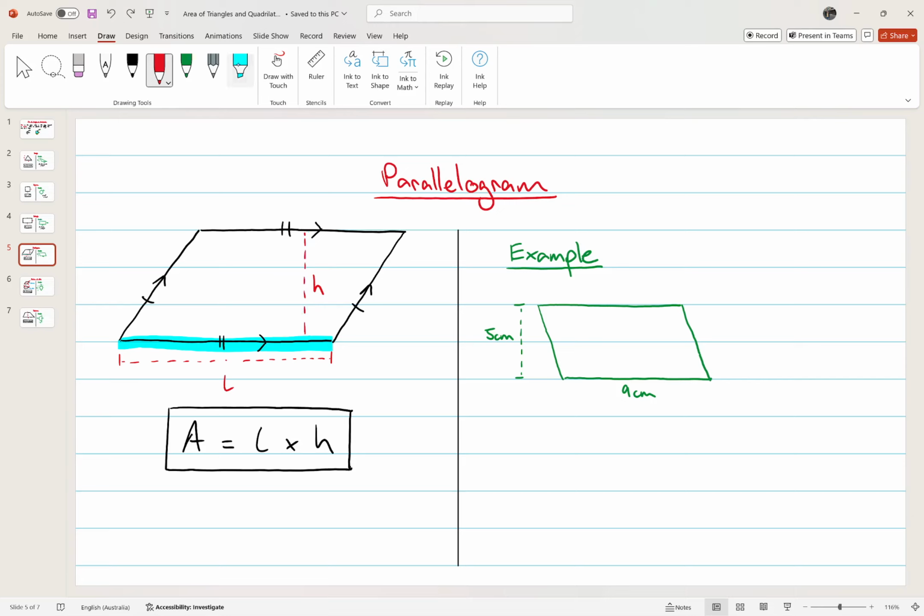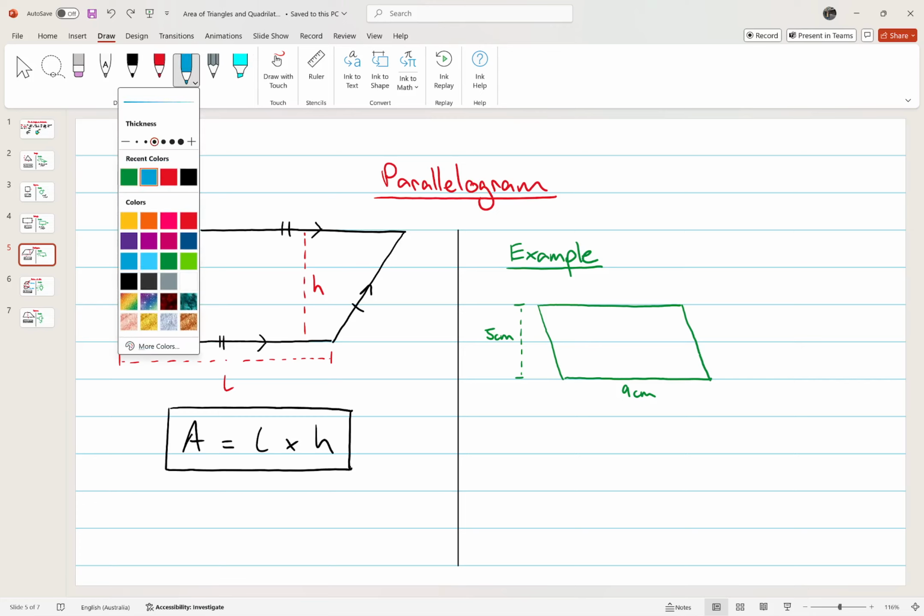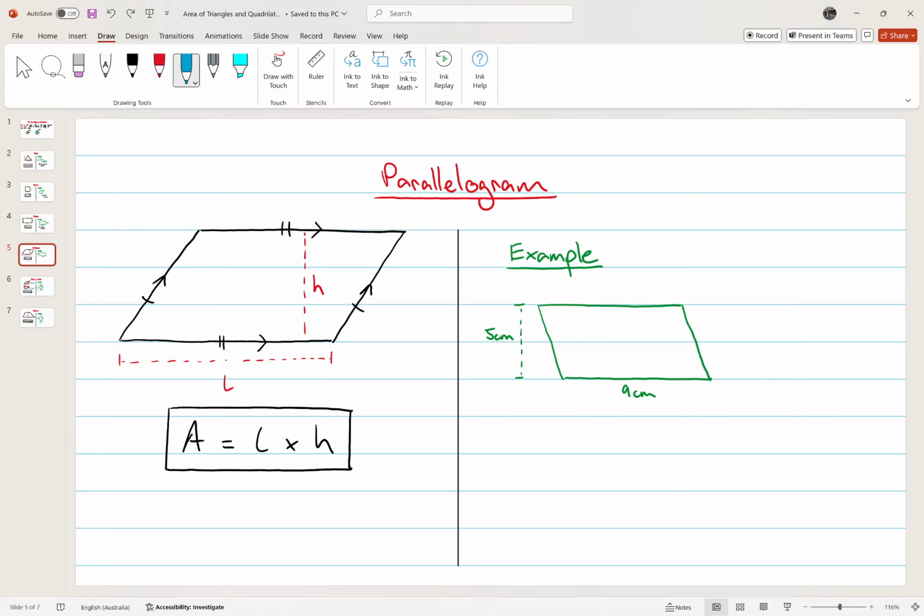So we're not being told the slanted length, because that's not actually going to, they're not meeting at 90 degrees. So we can't use that length. So we'll be told the length, we'll be told the height. And the way that you can remember what a parallelogram is, a parallelogram is just a rectangle that's been pushed over.